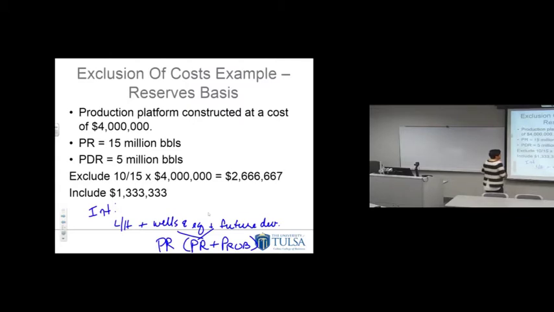This is not an issue internationally, so there's no adjustment internationally, because the wells and equipment, including the platform, also the leasehold, also the future development costs, they're all getting bunched together and written off over proved or proved and probable. So there's no adjustment to make. We're already writing them off over all the reserves.